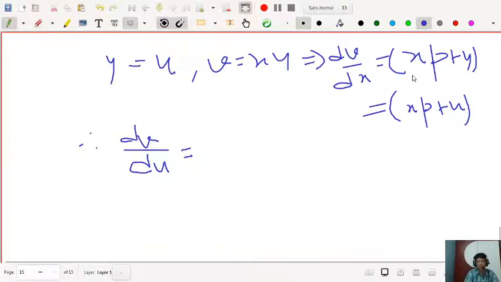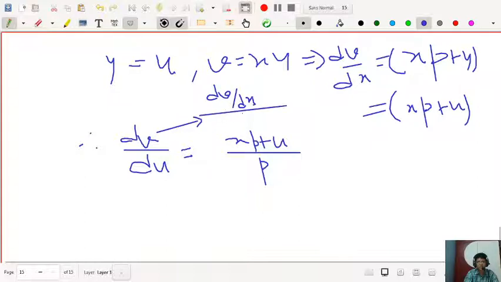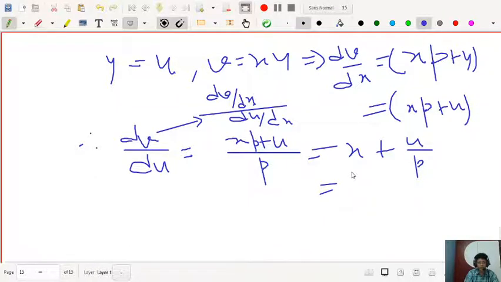So your dv/dx is xp plus u, and du/dx is your p, because dy/dx. So this is xp plus u by p. So this can be written as x plus u by p. Look at that. And what is your x? x is v by u. So this is your v by u plus u by p.